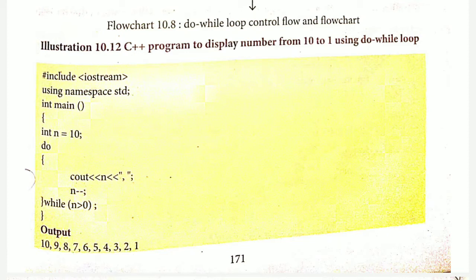The value of n is reduced by 1, so the value becomes 9. Now 9 is printed, and after that it will reduce 9 to 8, so it will keep on going. 8 is greater than 0, the condition is true, so it will go back to the do again, and it will continue this process until n value is 0.